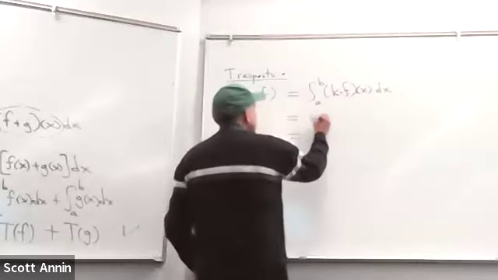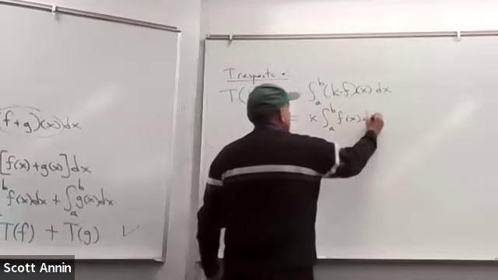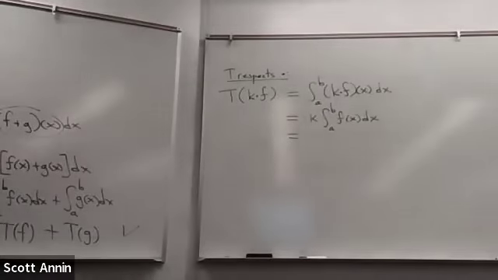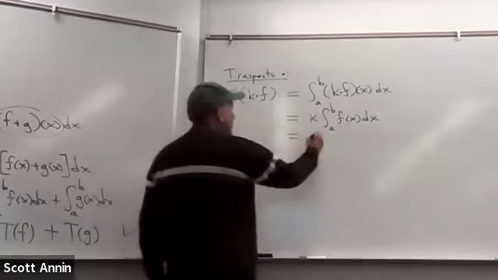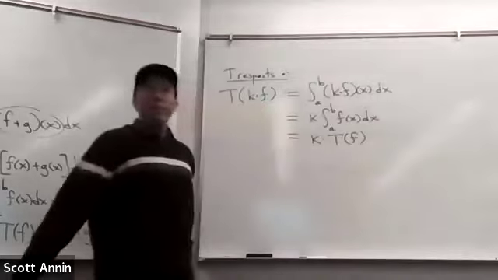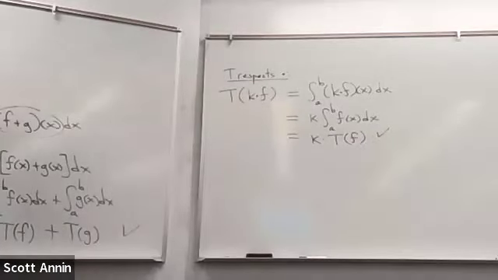So what we know is that integrals will allow constants to be factored out. So I can put the k on the outside of that integral. Makes good sense to me. And now what I have is the k on the outside multiplied by T of f. And again, that's what we want. So pretty predictable, no real surprises there. It works out pretty nicely.